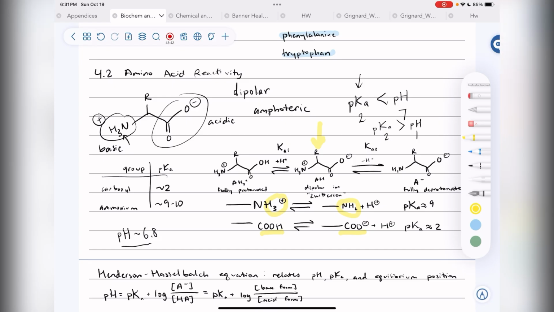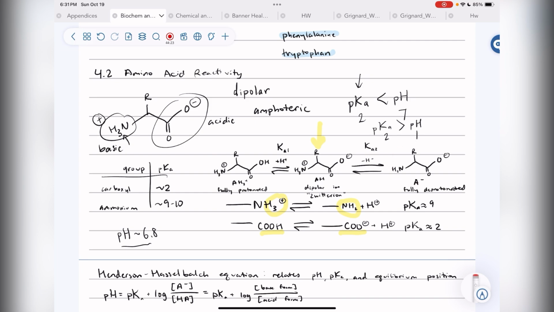And then you can also see that if you have a very, very low pH, lower even than 2, then it's going to be too acidic for the hydrogens to pop off, and so you're going to have the protonated form here and also the protonated form here, and it's going to be overall positive.